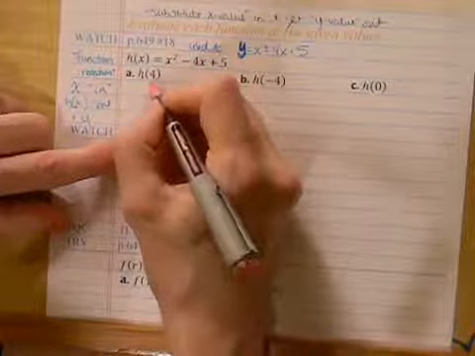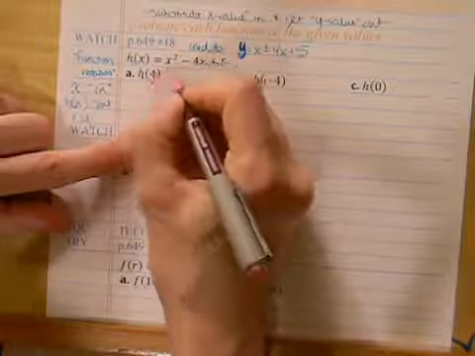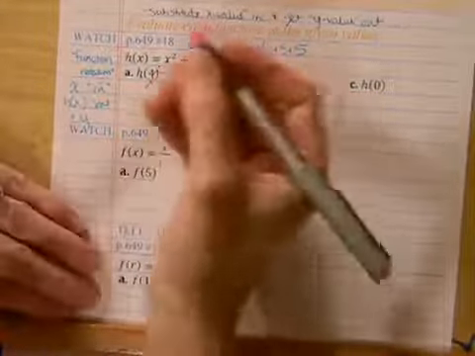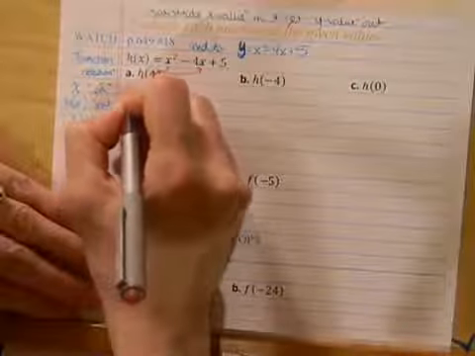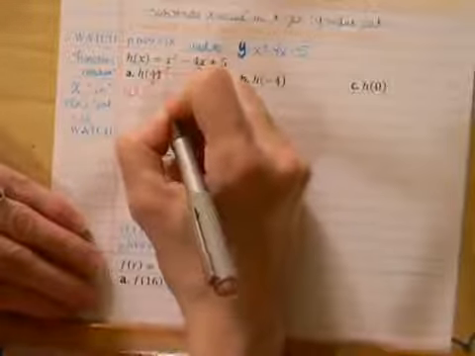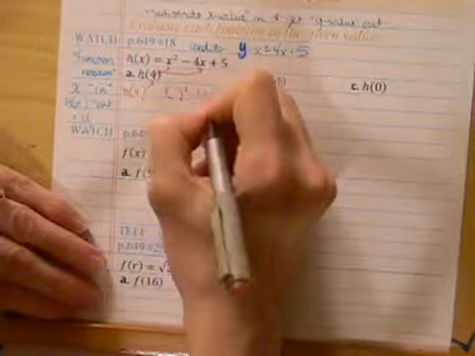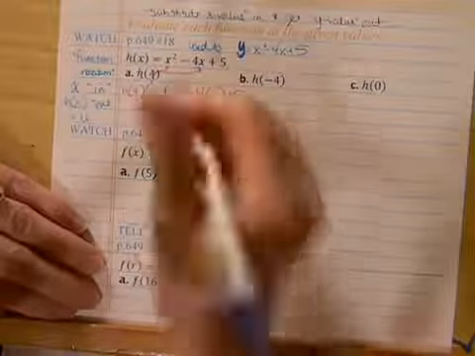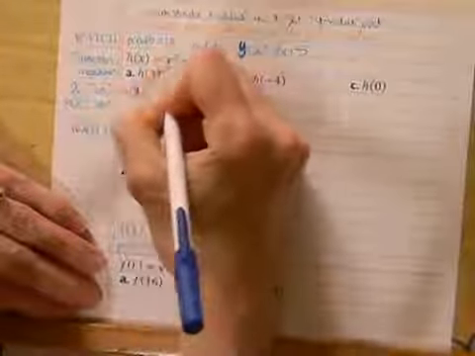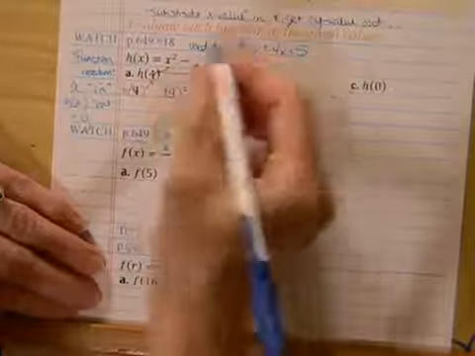So the 4 is our x value, and we're going to put it in everywhere we see x in x squared minus 4x plus 5.